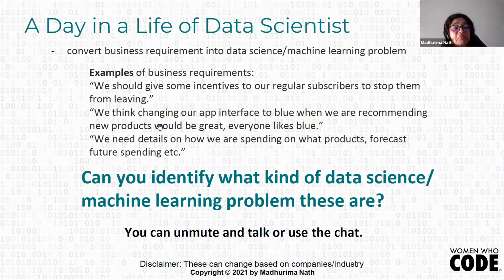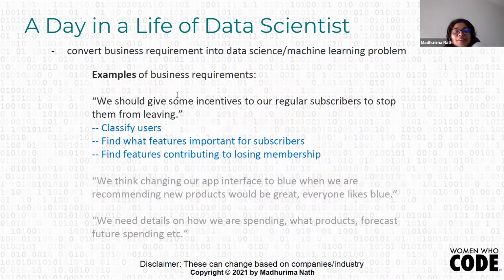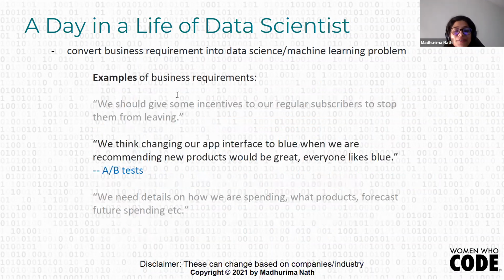A/B testing, that is awesome. Yes, that is correct. We would do A/B testing for the second one. So let me start with the second one since we have this answer for that. There's something called an A/B test, which you do.